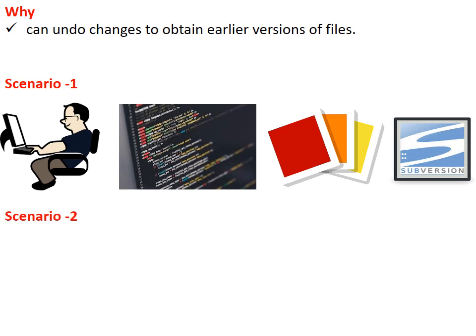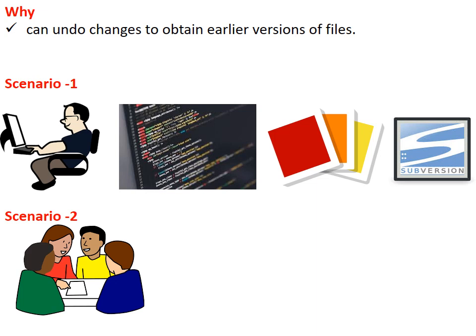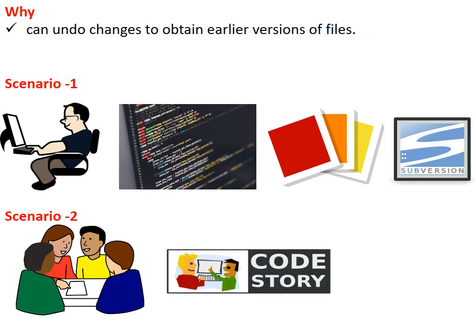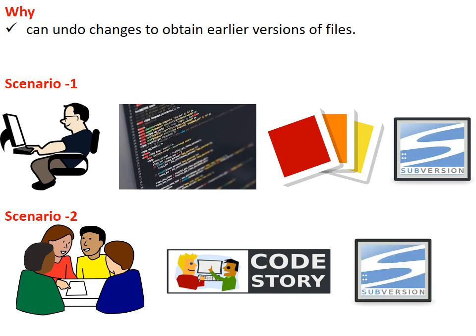Take another example. When multiple developers are working on the same project, it is very difficult to track who changed the file, what they changed, when they changed, and why they changed. In that case, you can use Subversion or version control to handle these kinds of scenarios.